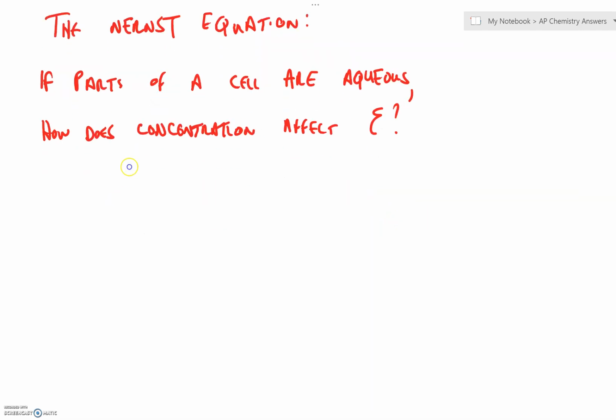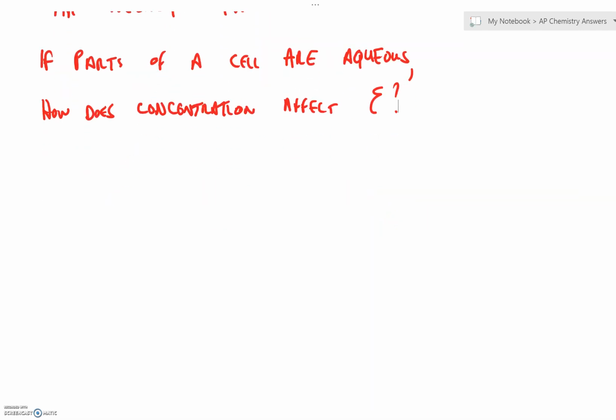affect the cell potential, what we know of as E. So welcome to something called the Nernst equation, and it is going to look awful. The Nernst equation looks like this. We are going to treat our cell potential under standard conditions. And so every time we see that little circle, that little degree symbol, it means standard conditions. Okay?